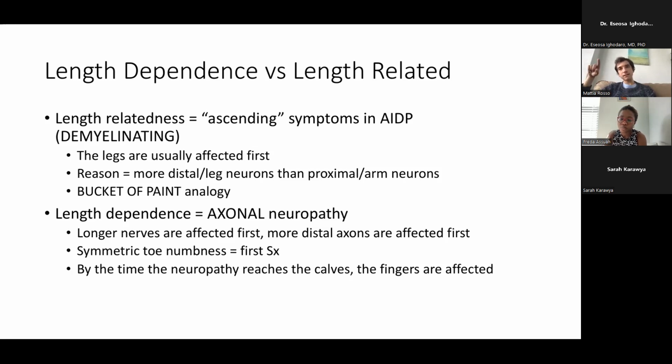And again, the longer the neuron is, the more myelin it requires. So that's also why we have this ascending pattern, which is more of a length relatedness than length dependence. Does that make sense? And do you guys have any questions about this?